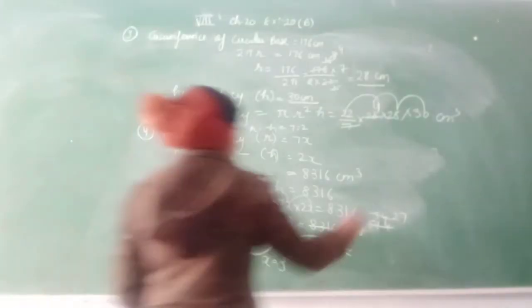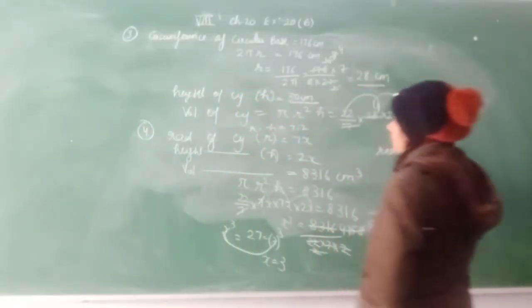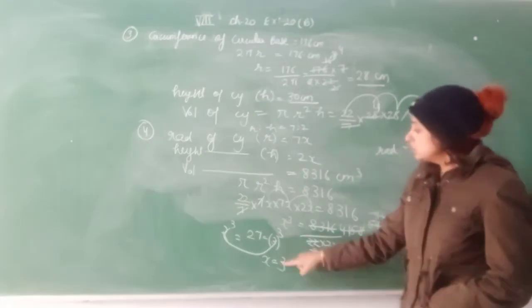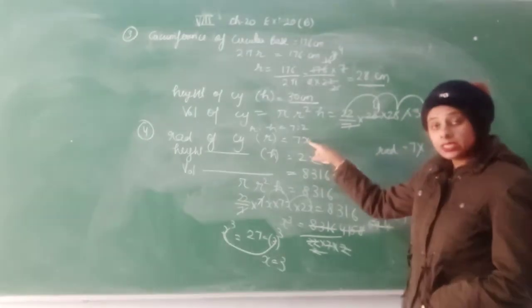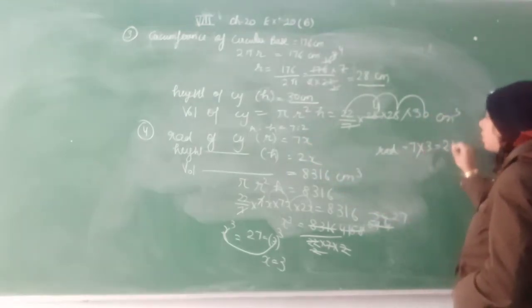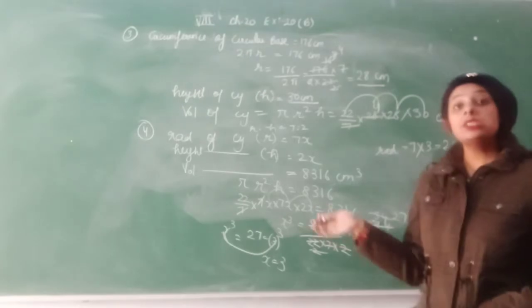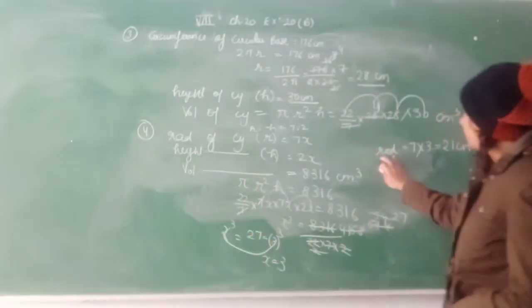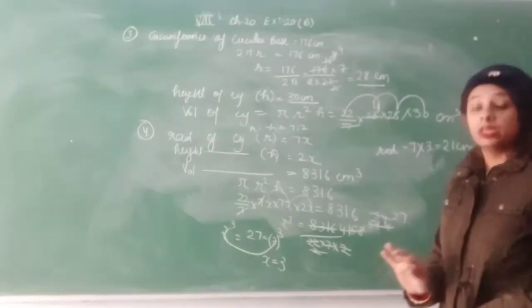So how will you get your radius and height? The radius that was 7x, now put the value of x here. The value of x is 3. So 7 into 3, you will get your radius 21 centimeter, which was previously in the form of x. Now you are having the radius in centimeter, the exact value.